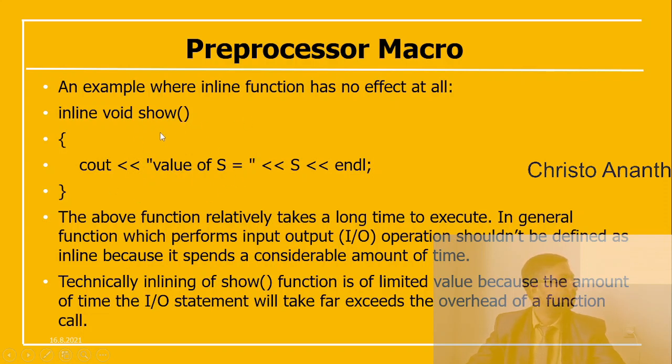In general, a function performing input output operations should not be defined as inline, because it spends a considerable amount of time. The inlining of the show function is of limited value, because the time needed by the input output statement far exceeds the overhead of the function call.